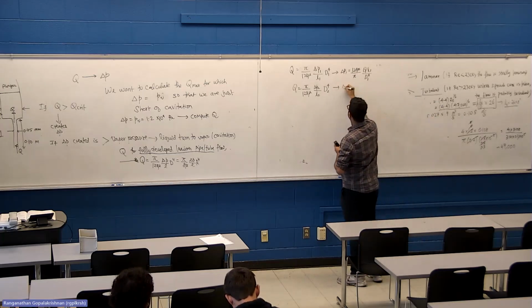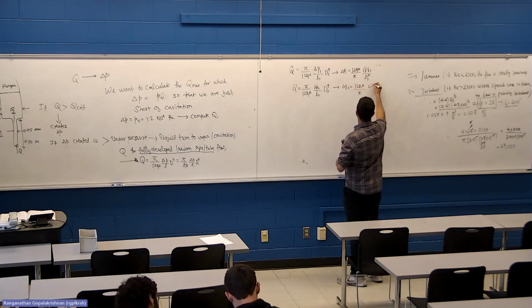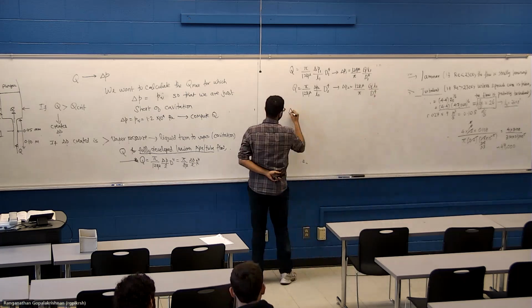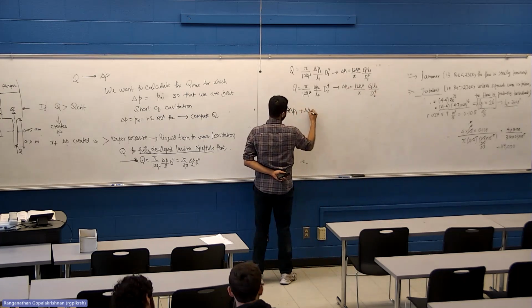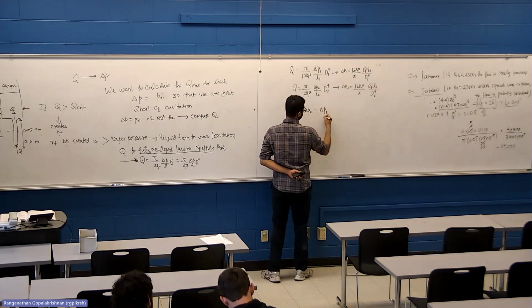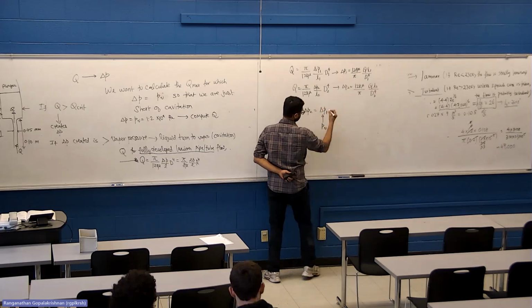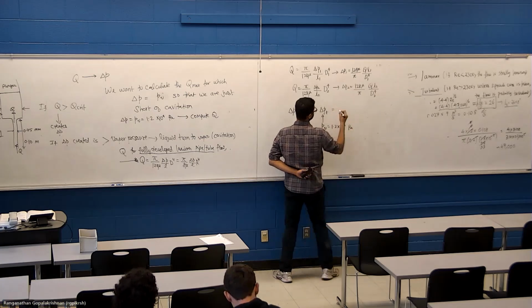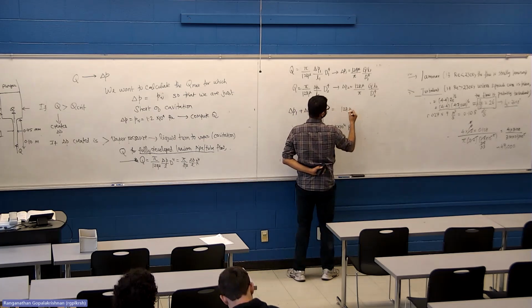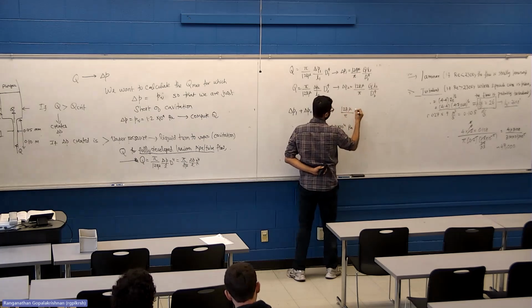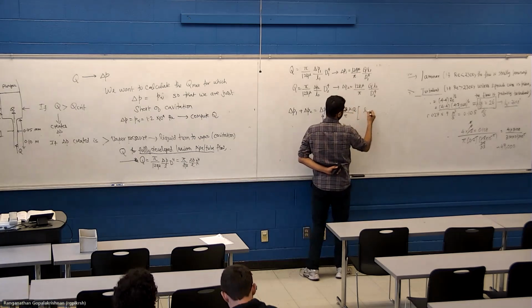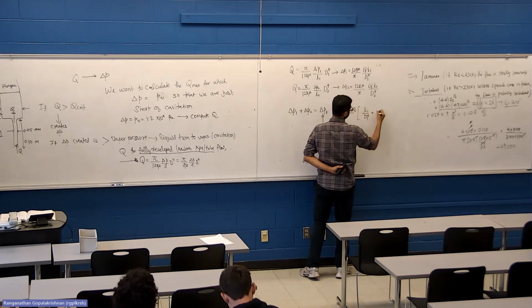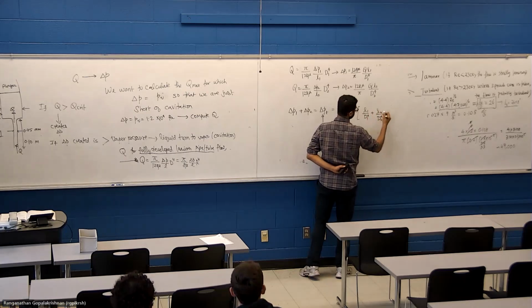And from this equation, delta P2 is 128 mu divided by pi, Q L2 divided by D2 to the 4. If I add delta P1 plus delta P2, that is equal to delta P total, which we know is equal to the vapor pressure, and this is equal to 128 mu divided by pi times Q, times L1 over D1 to the 4 plus L2 over D2 to the 4.